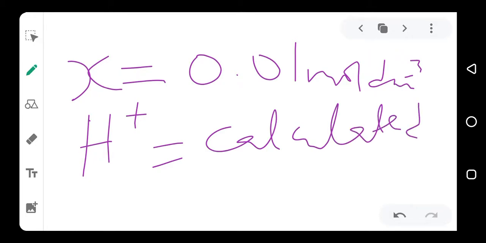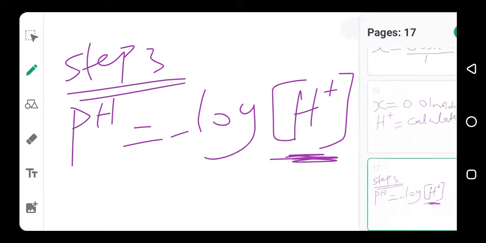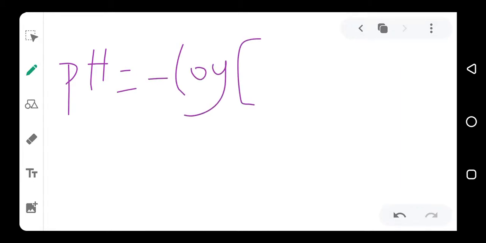It is this one calculated that we are going to use to solve this problem. So we put the calculated hydrogen ion concentration here to get the pH. So we have that our pH is equal to negative logarithm of 0.01.